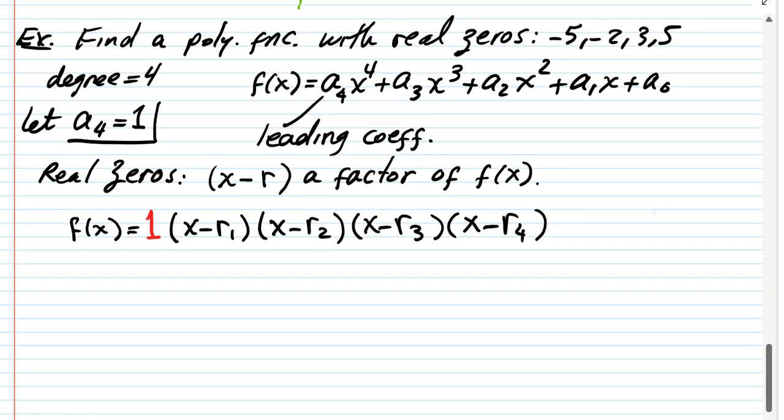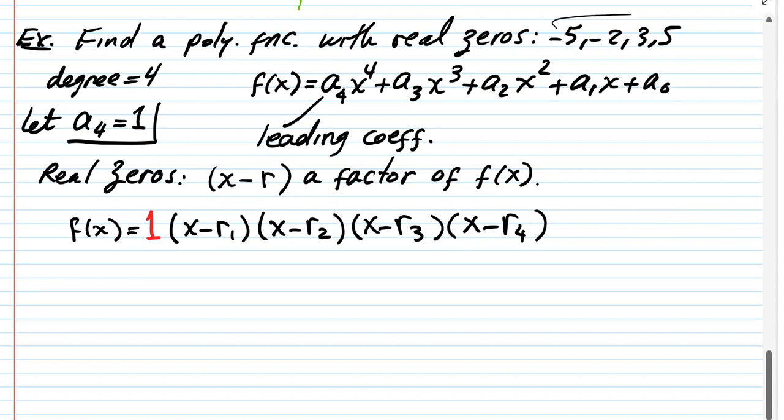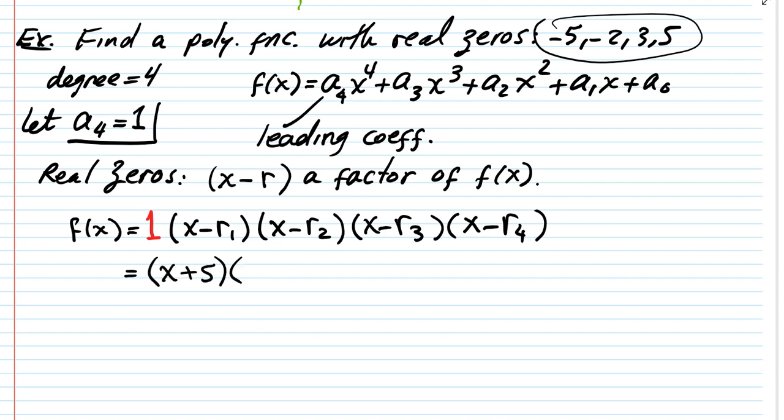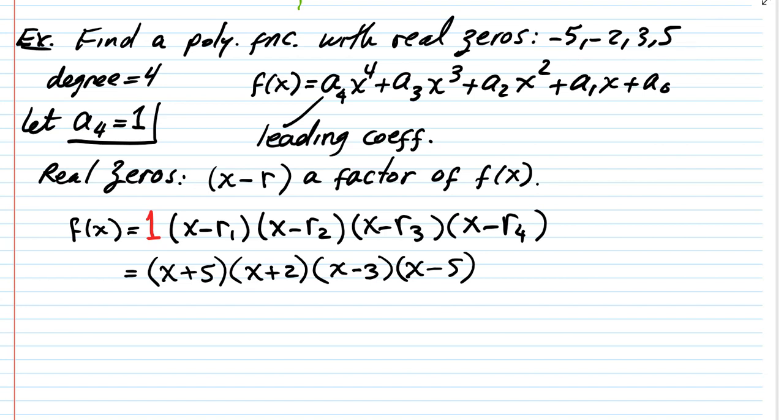Now, I gave you the zeros up here, so we can put them from left to right. So it's going to be x minus minus 5, that's x plus 5. X minus minus 2, x plus 2. And x minus 3, and x minus 5. See that? And there is your fourth degree polynomial in factored form. In factored form. And that's good for our work.